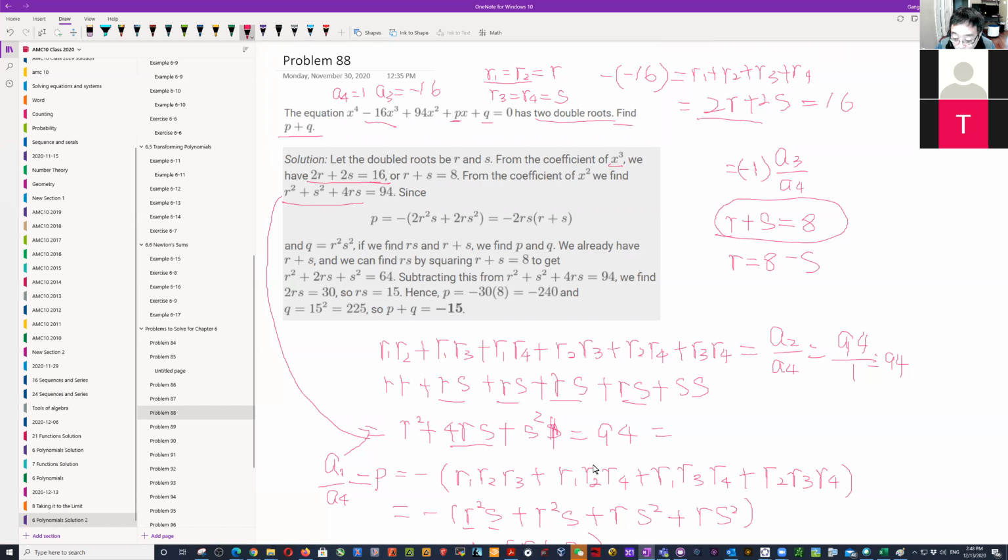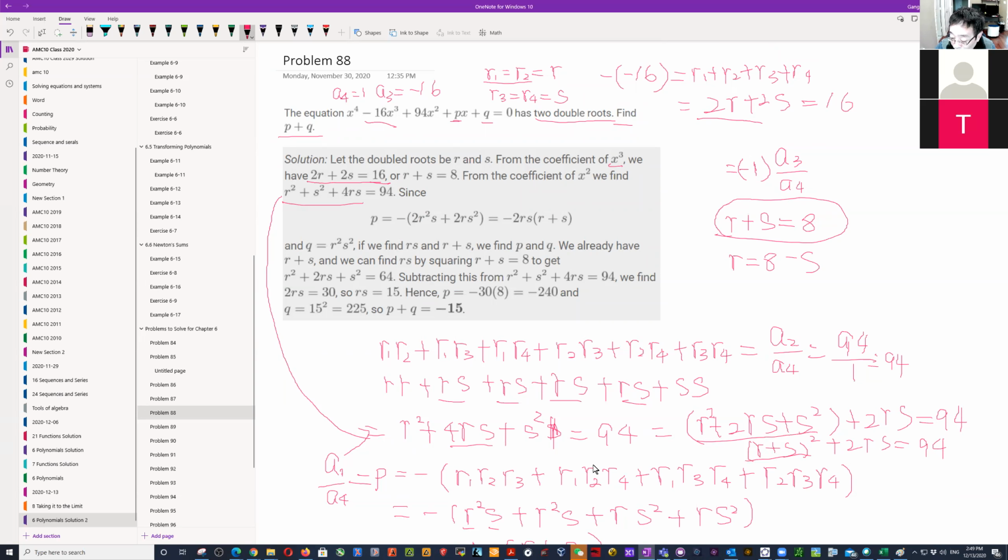So basically, this is R plus S square minus 2RS plus S square, then plus 2RS. So this will create a product equals 94. And this part is R plus S square plus 2RS equals 94, and R plus S equals 8.